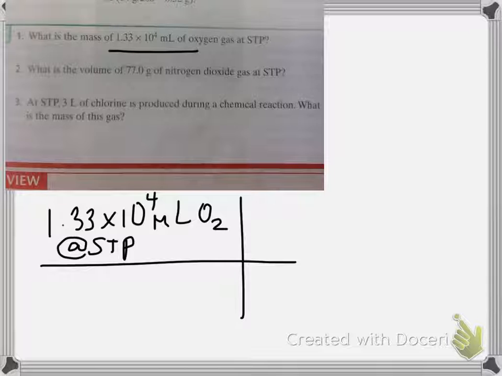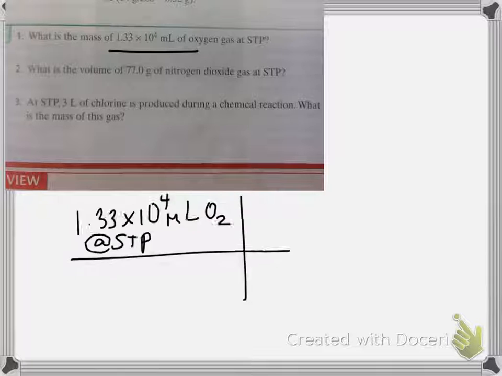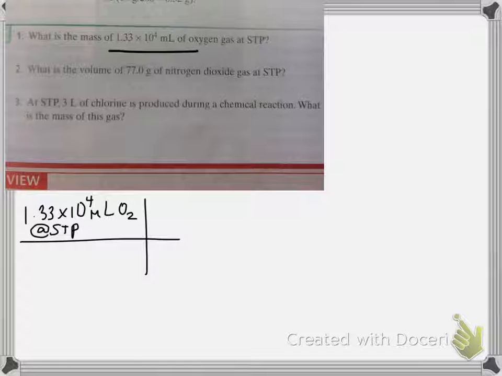Well, I want to know the mass. This should be easy, right? What units do I need on the bottom to cancel? Milliliters. Milliliters of O2.